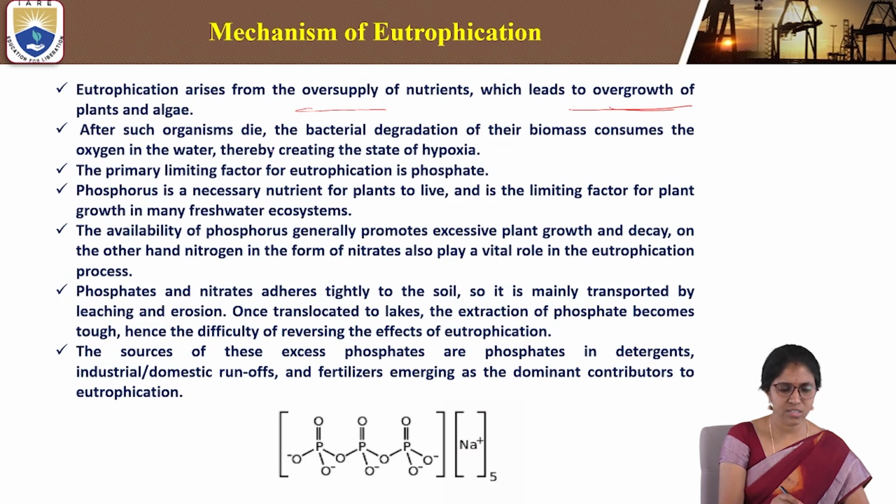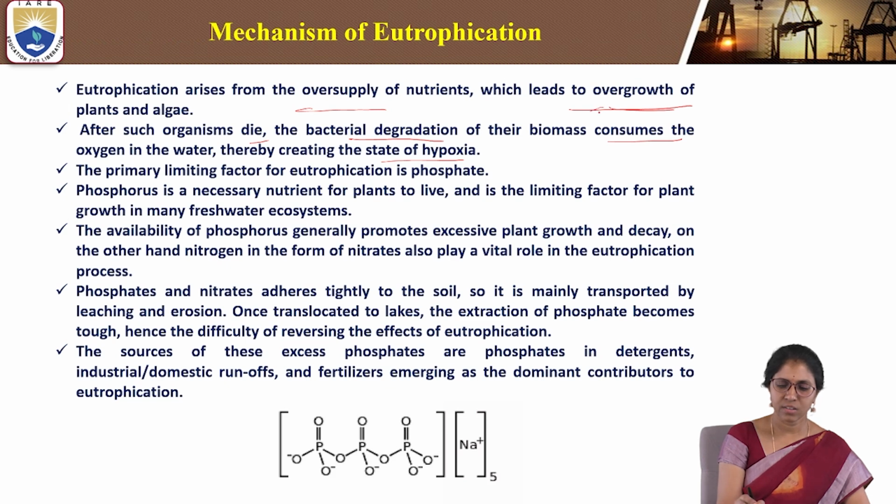After such organisms die, the bacterial degradation of their biomass consumes the oxygen in water, thereby creating the state of hypoxia. So this leads to oxygen deficiency in the lake.